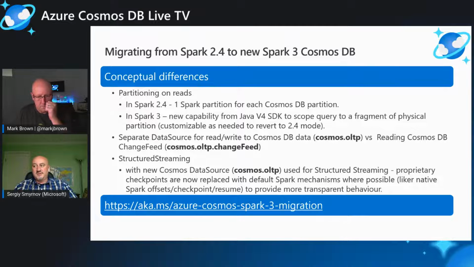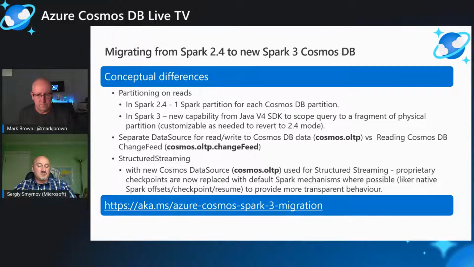The other conceptual difference is that there are now separate data sources for different streams of data. For example, to write data to the Cosmos transactional store, we have cosmos.oltp. For reading data from the change feed, we now have cosmos.oltp.changefeed. So it's a clear separation, with clear feature differences and clear parameter controls.